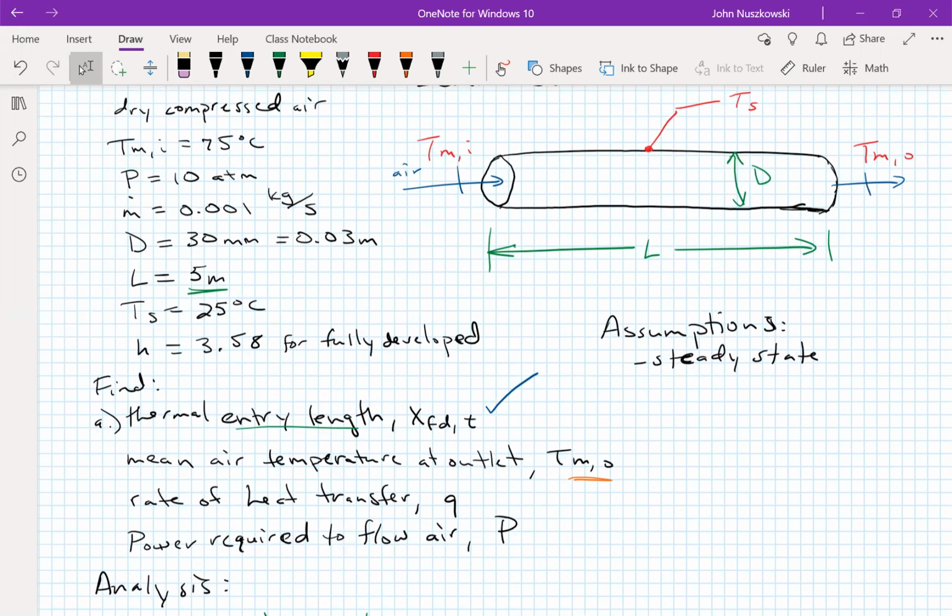When we were in chapter 8, we had these different situations in the early section, and then that carried over to the later section of slides. We had the constant heat flux boundary condition, the constant surface temperature boundary condition, then constant external fluid temperature. So which one do we have in this situation?